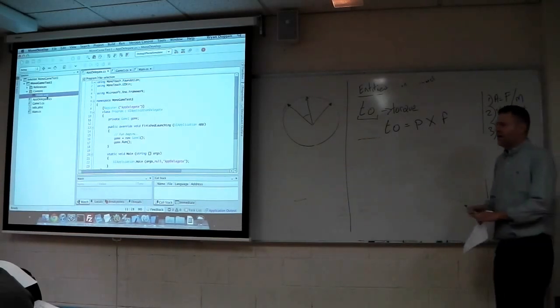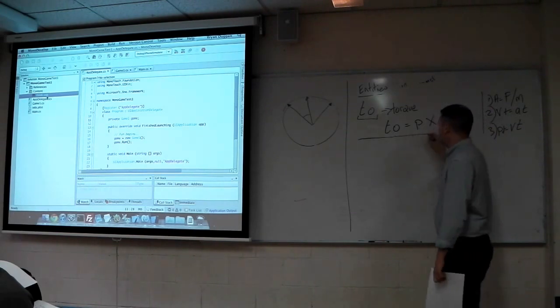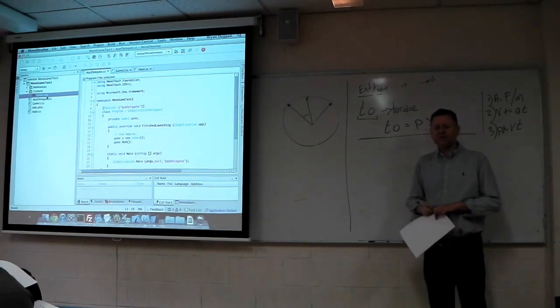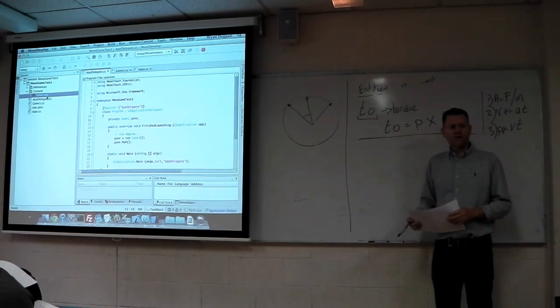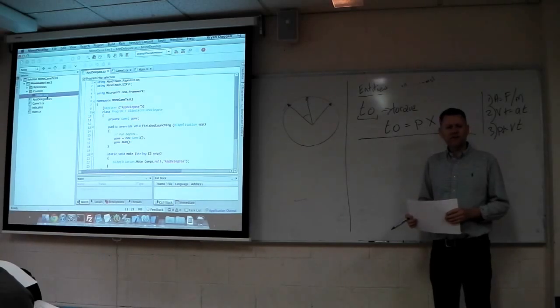Okay. What about the shape of an object? Does the shape of an object have any impact on how much rotation is caused when you apply some torque to an object? Does the shape of it affect that? Definitely, it does, right?